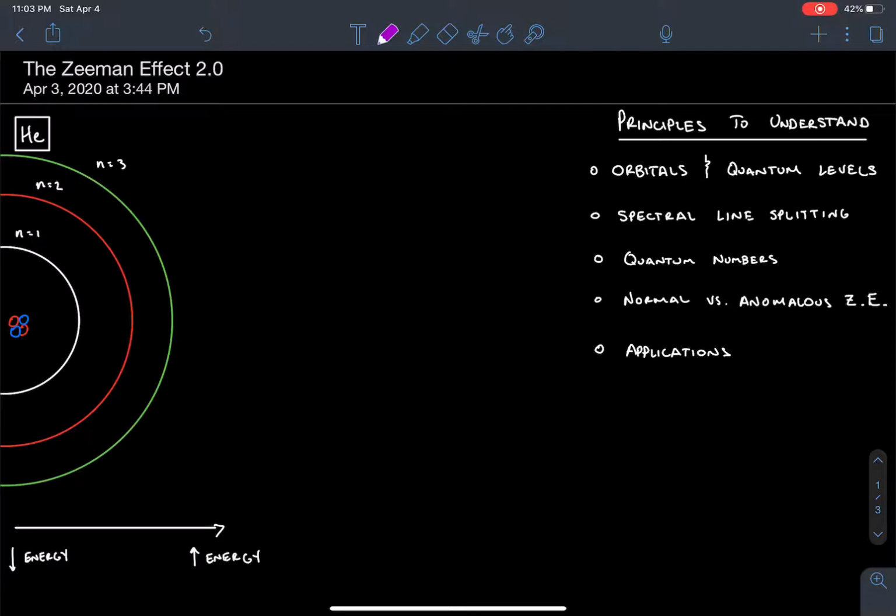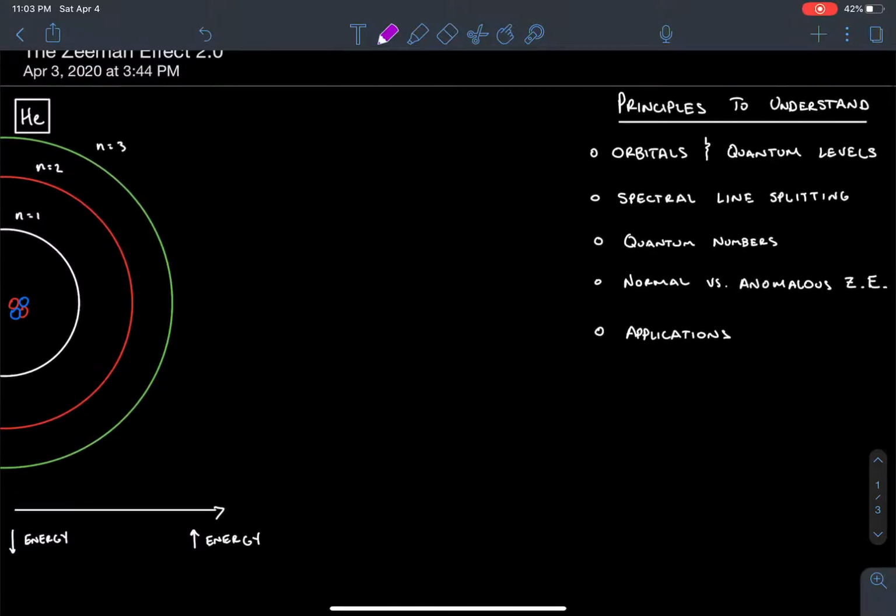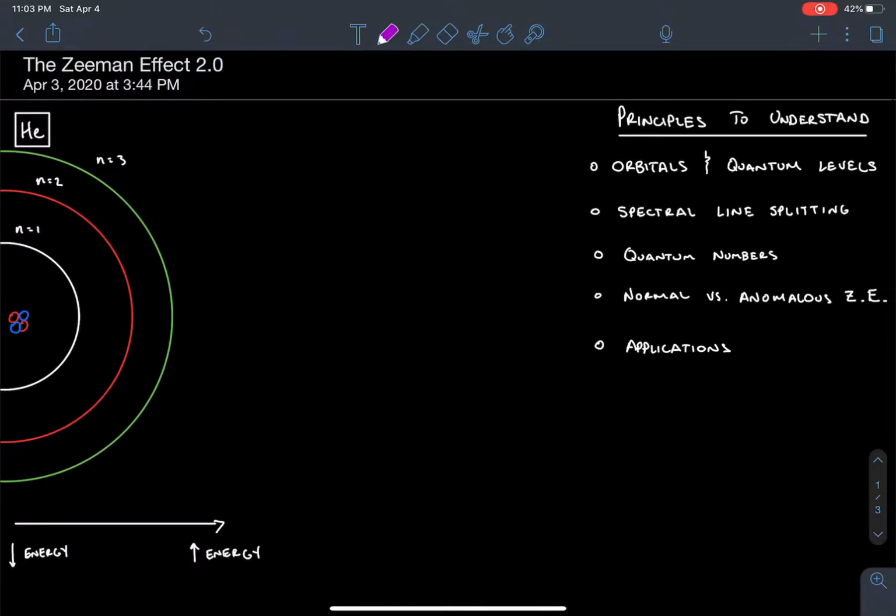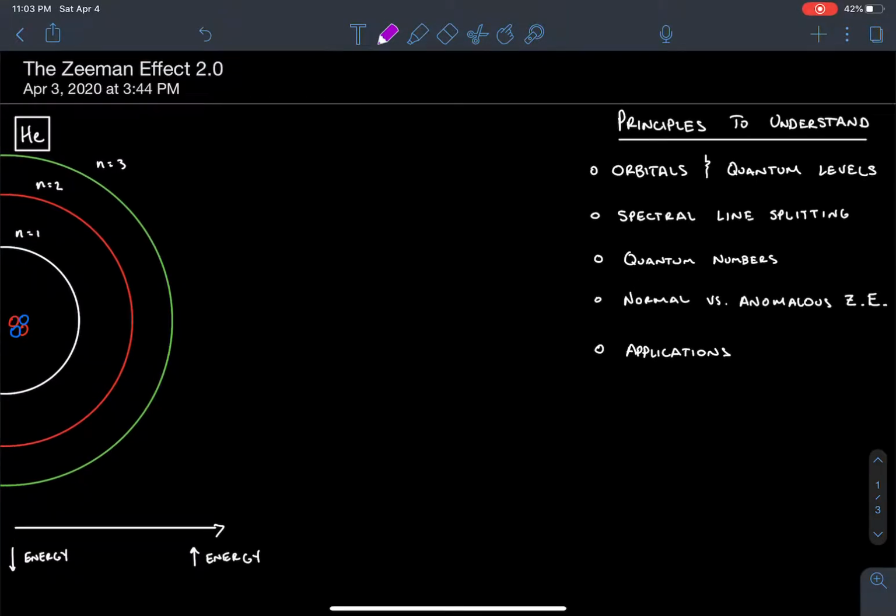Hopefully I can explain some of those terms in a little bit more depth. I don't expect you to understand everything right away. So whenever we look at a helium atom that I have here on the left, we can just look at it whenever there's no external magnetic field being applied. So we have our quantum levels, n equals 1, n equals 2, n equals 3.